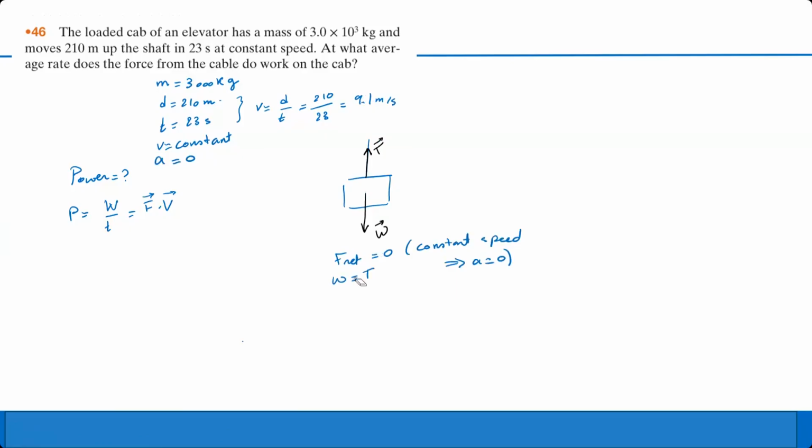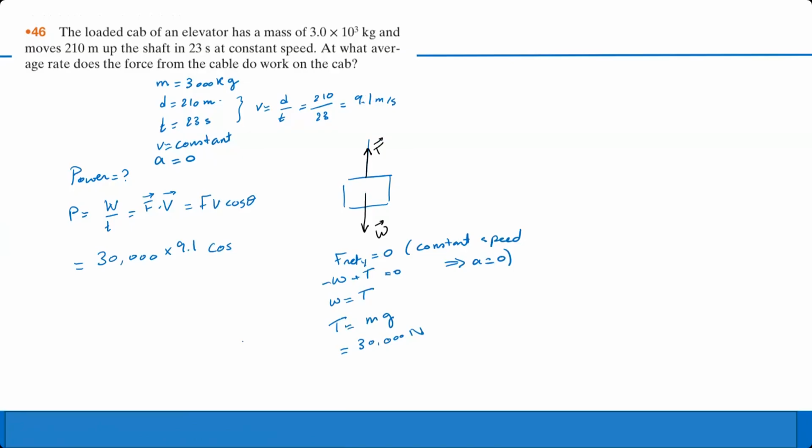minus W plus T, I'll apply that along the Y direction, minus W plus T is 0, so W equals the tension. So, okay, I can deduce the tension force. It will be none other but M times G, which is around 30,000 newtons. Perfect, I can apply this here. The speed is 9.1, and this is a dot product, so it is basically FV cosine theta. Let's look at the angle between the tension and the distance covered, or the speed actually.